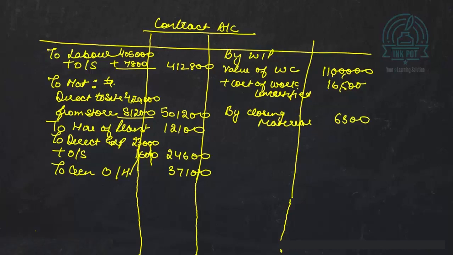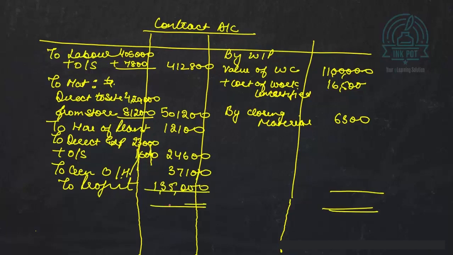Now we are going to calculate the profit. Add all the credits and then deduct debits from here. So you will get the profit. The profit is 1,35,000. This is the profit. Total is 11,22,800.